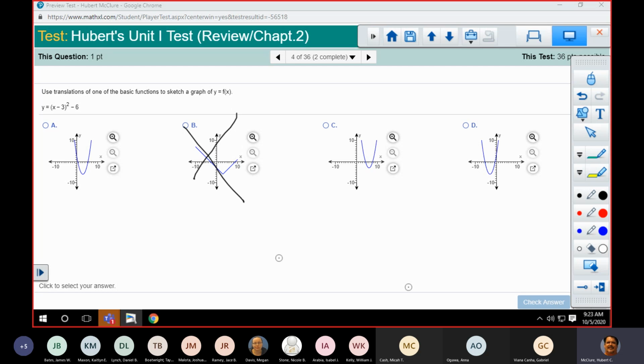Let's see, what else can we take out? Well, we know this is a positive shift to the right, so this one's out. So which one has a negative shift of 6? Well, that one's just got a negative shift of like 3, so that one's out.